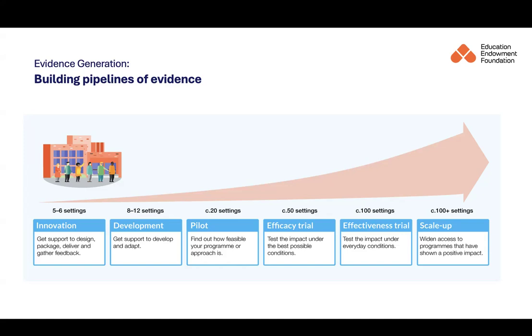Everything from does giving pupils financial incentives increase their attendance at school, to should I start my lesson with a quiz or a lesson recap? And the aim is that all of our research projects deliver actionable insights that are aimed at teachers, school leaders, and policymakers rather than at an academic discussion in a journal. So everything is available, everything is published in plain language.